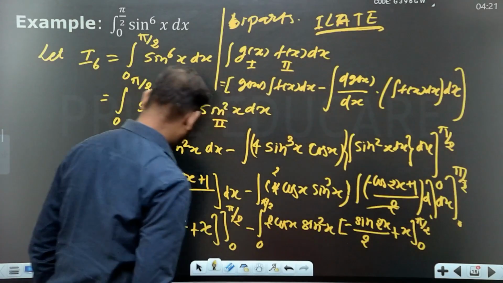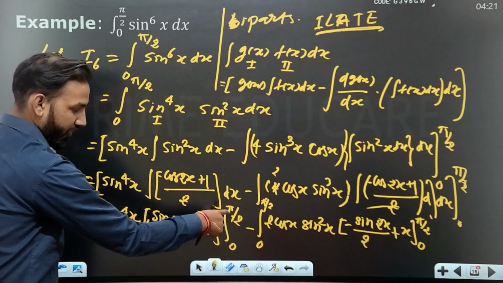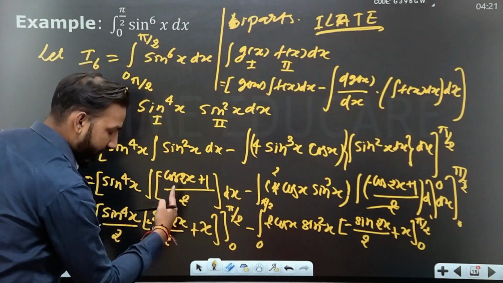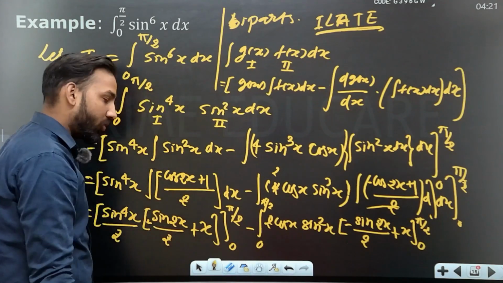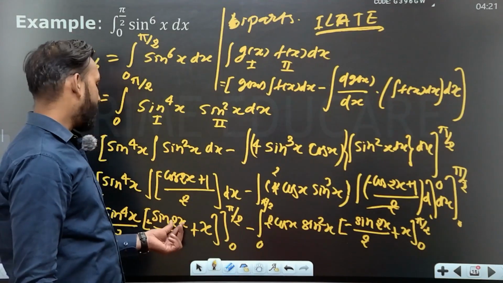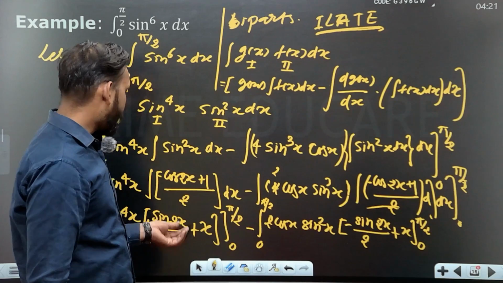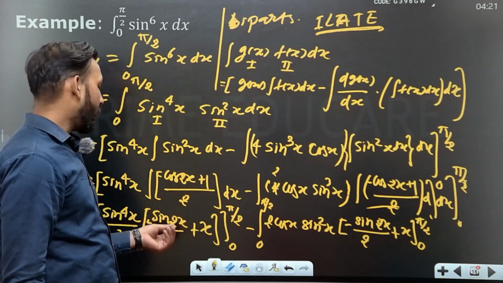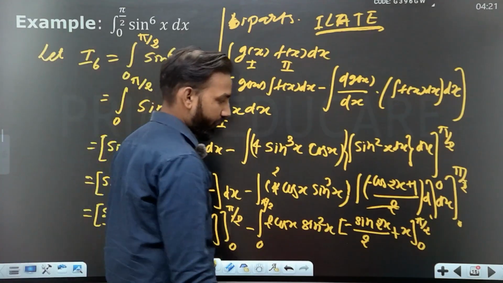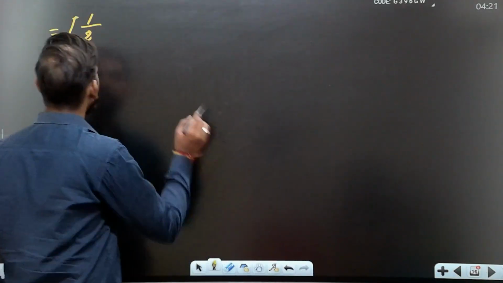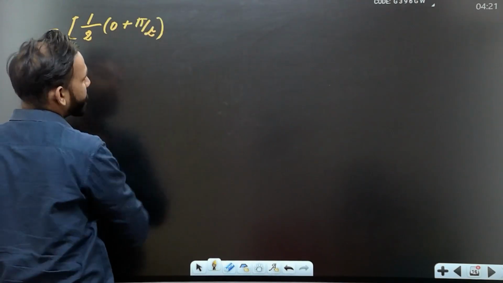Now again 1 over 2 in the bracket, this will be 0 because if we put pi instead of x, 2 will be cancelled from 2 and the remaining part is only sine pi, and the value of sine pi is 0. Therefore, this 0 divided by 2, which is 0, and a negative of 0 is also 0, 0 plus pi by 2, right? We get here 0 plus pi by 2.